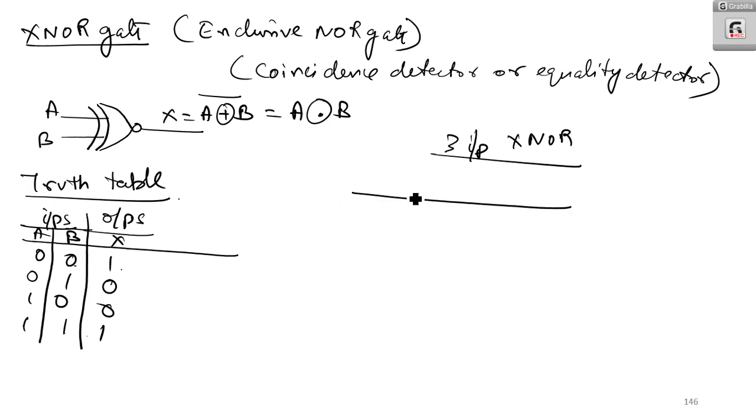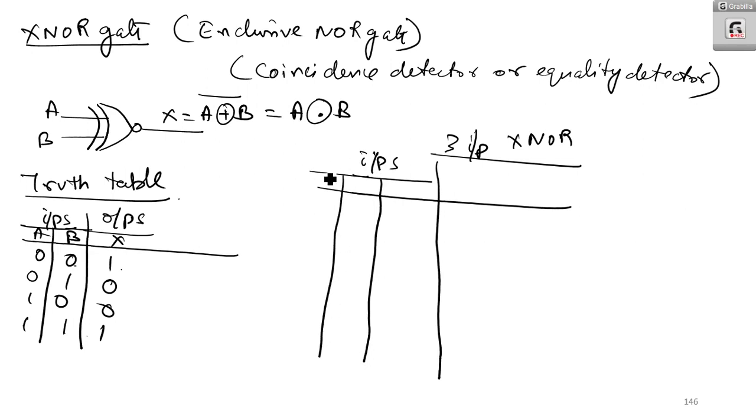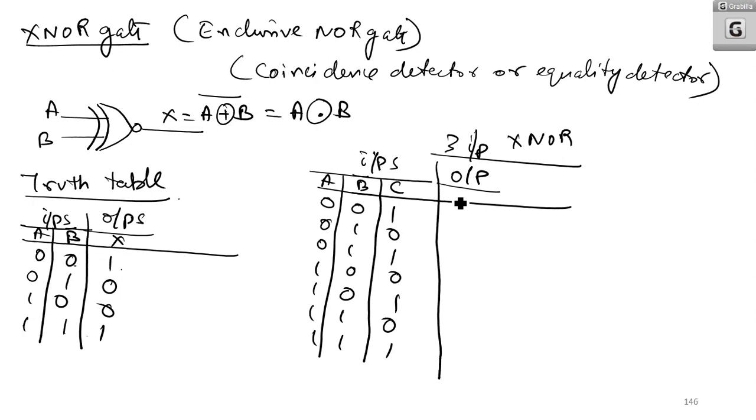We take 3 inputs, A, B and C. That is 0 0 0, 0 0 1, 0 1 0, 0 1 1, 1 0 0, 1 0 1, 1 1 0 and 1 1 1. So what is the output X? Output X is equal to A XNOR B XNOR C.